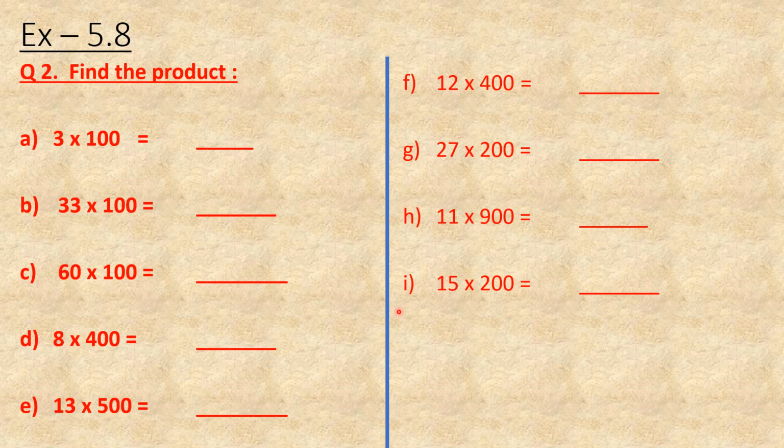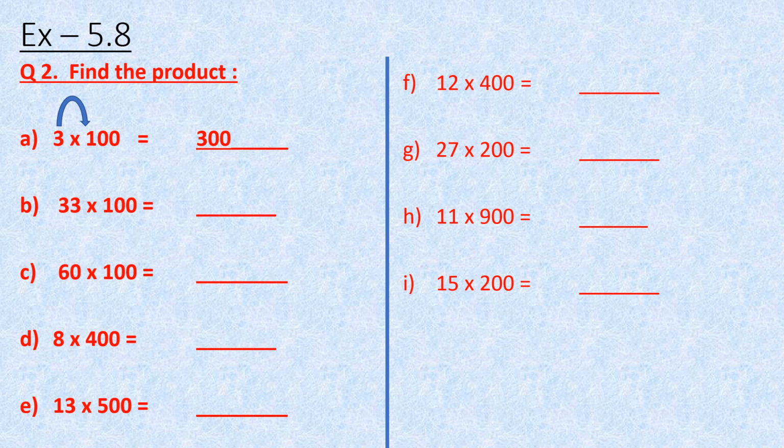So we will start from question number A, that is 3 multiplied by 100. So when we will multiply 3 and 100, children, first of all multiply these 3 by the digit at the hundreds place, 1. So 3 ones are 3 and these 2 zeros you place at the last, okay, at the right hand side of the product.